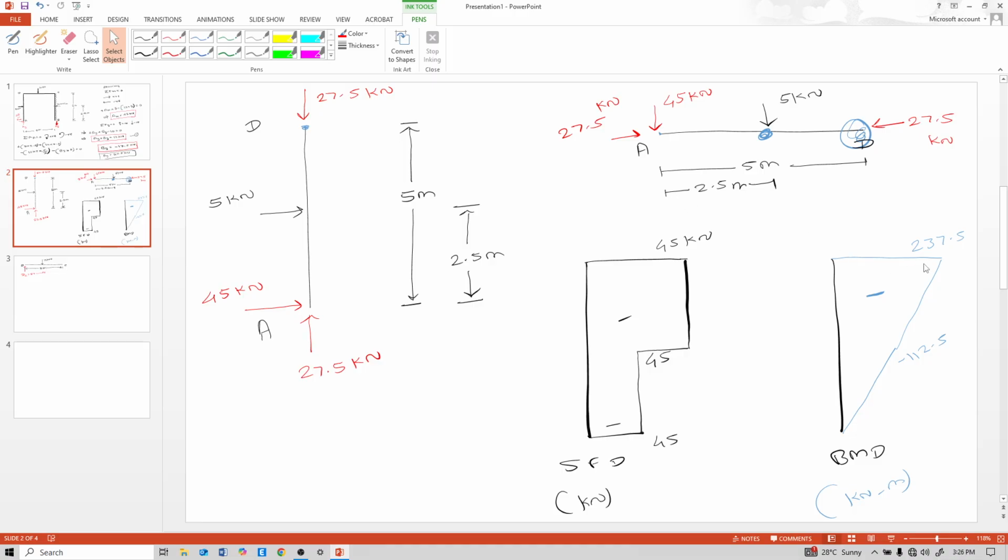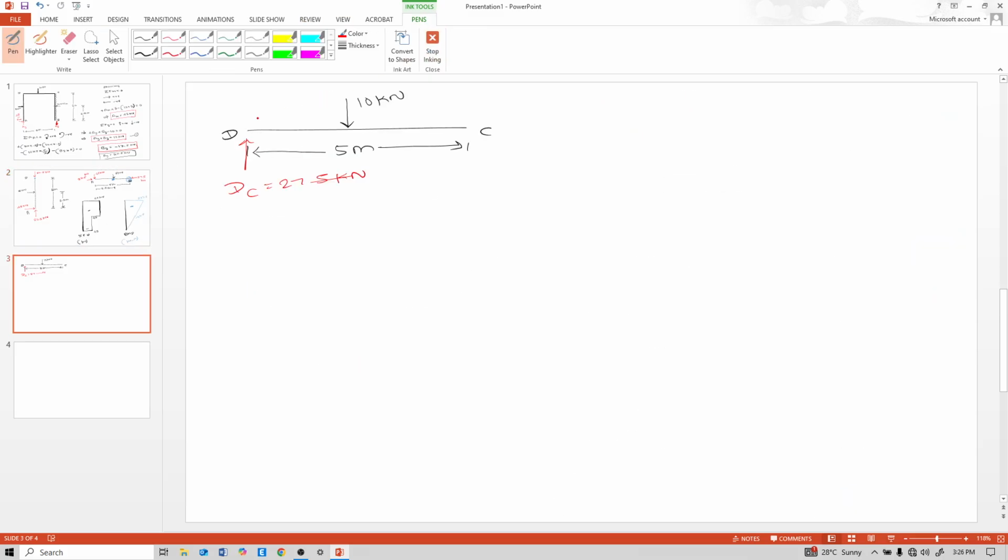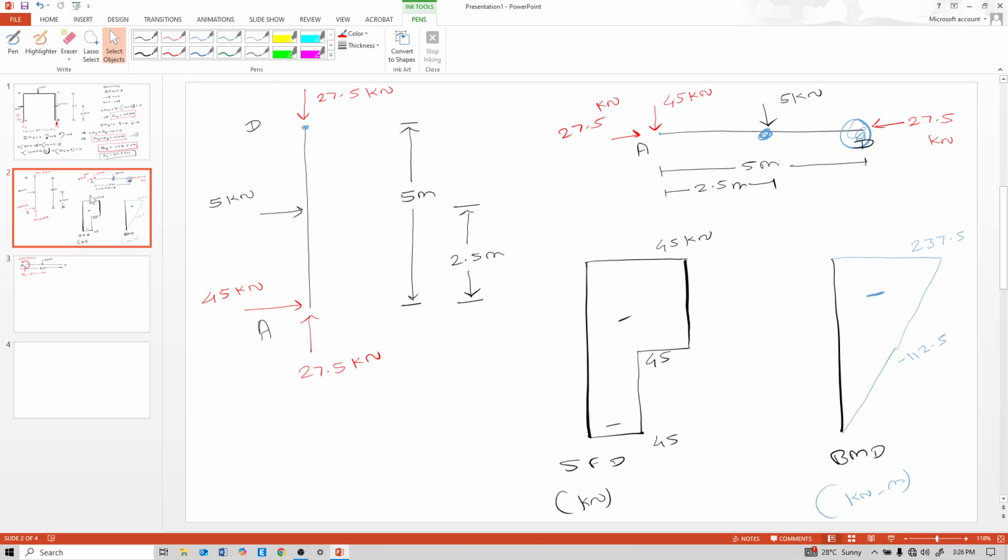And at point D, moment is minus 237.5. Moment, consider as it is, because this is generated moment.